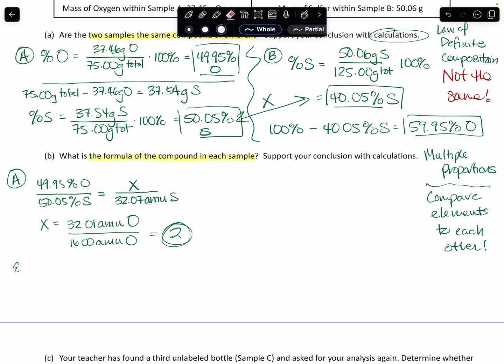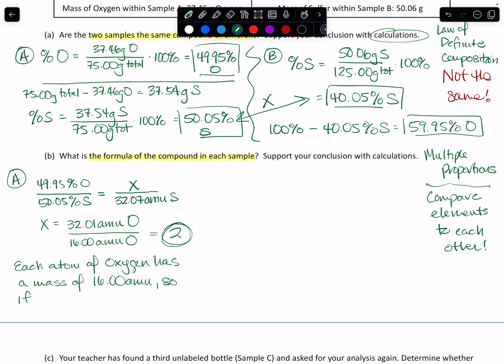So remember, each atom of oxygen has a mass of 16 AMUs.